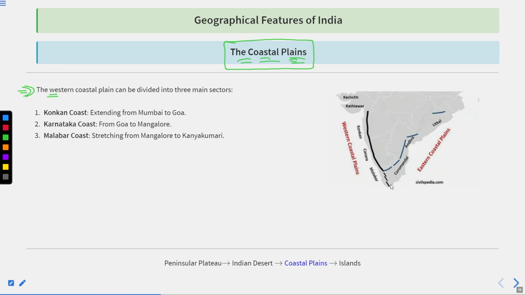Here also, this boundary is the eastern coastal plains, and this blue boundary is the Eastern Ghats. So remember this difference. The first division is the Konkan coast, extending from Mumbai to Goa. Then the Karnataka coast extends from Goa to Mangalore. Then the Malabar coast stretches from Mangalore to Kanyakumari.